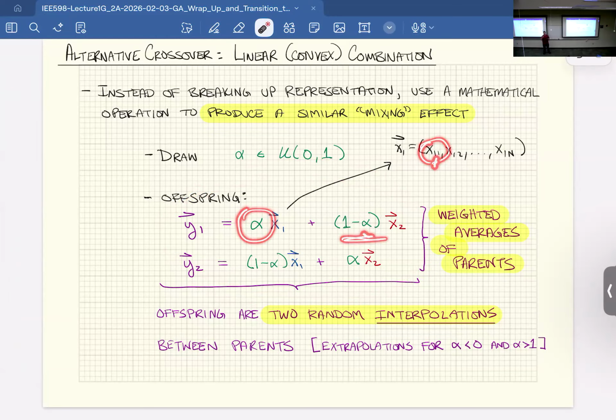Or I should say the allele. So you're doing alpha times the allele for parent 1 plus 1 minus alpha times the allele from parent 2. And you're mixing those together gene by gene by gene. So this is very fast, especially now we have GPUs, GPUs are built to do this. This is a little linear combination of two parents.